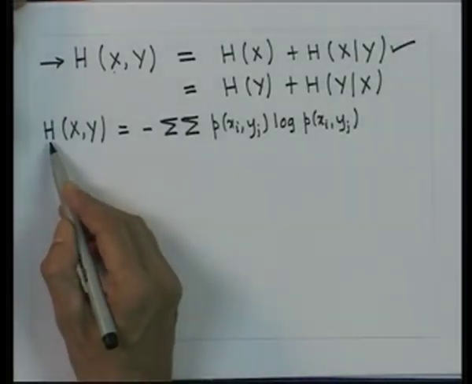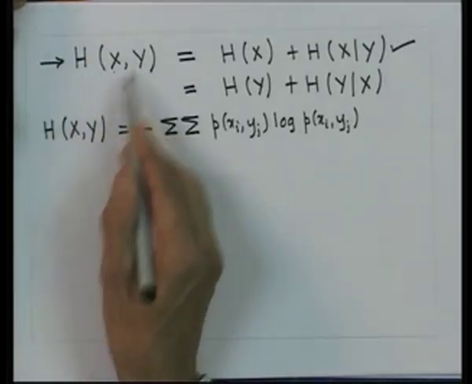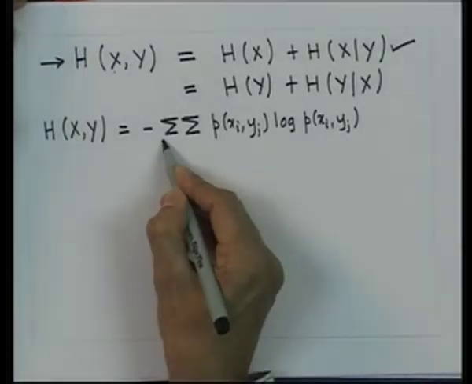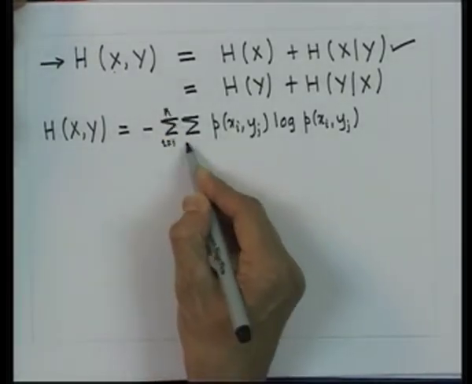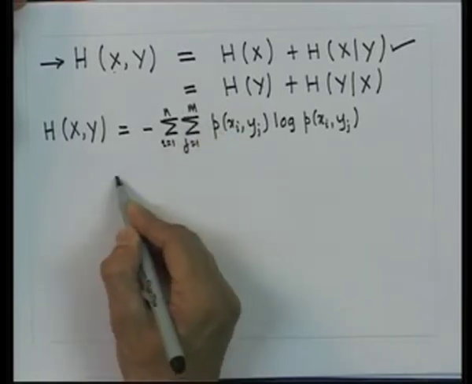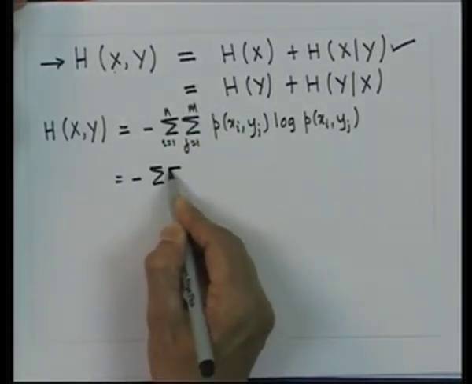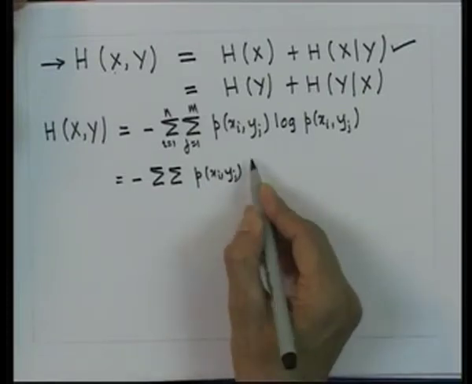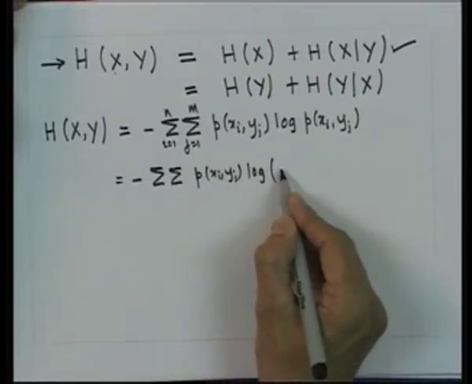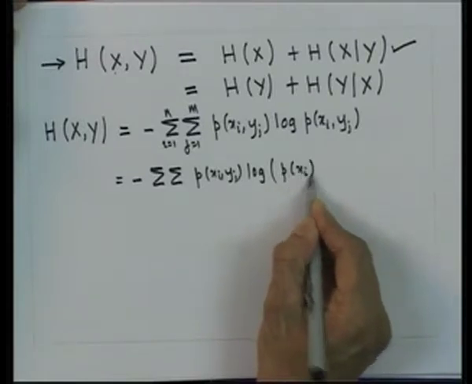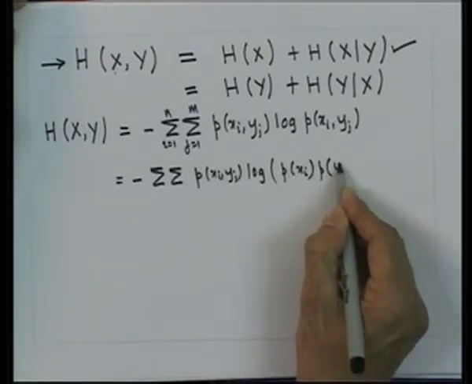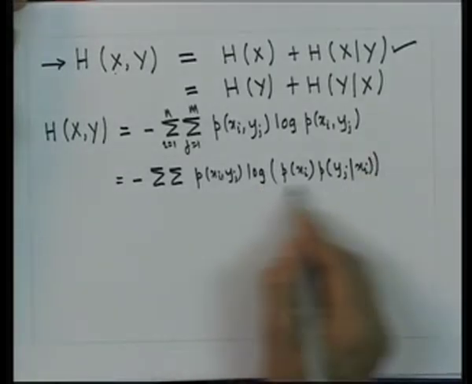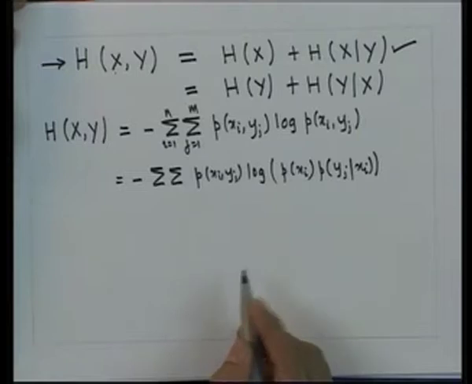So, let us start with h x y, which by definition is given by this expression. If I simplify it, I can write it as probability of xi yj log of p of xi probability of yj given xi. This I am writing using the Bayes rule.